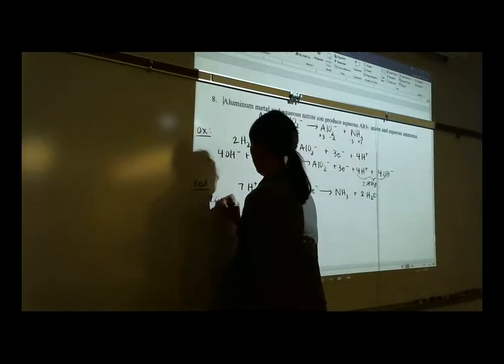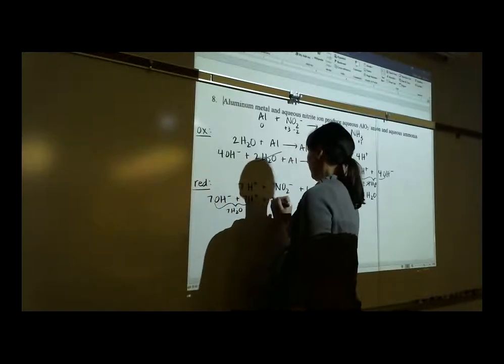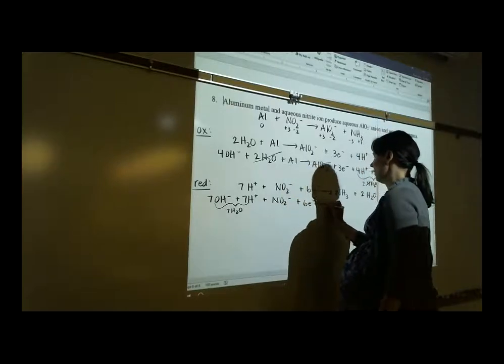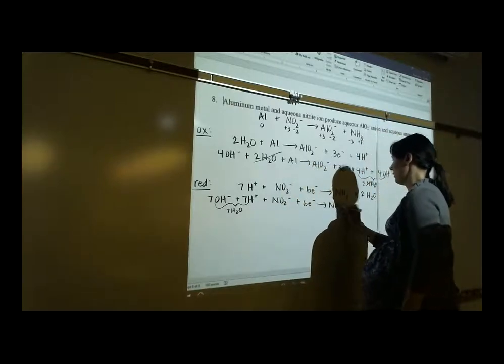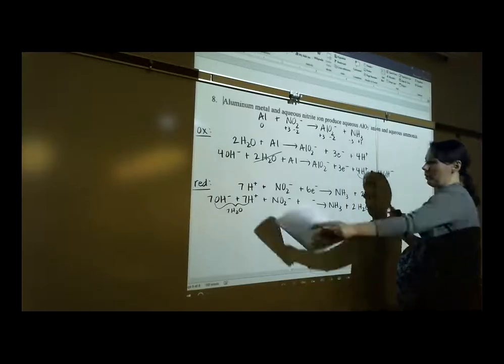So 7 OH minus plus 7 H plus, that means 7 water, plus NO2 minus plus 6 e minus yields NH3 plus 2 H2O. Don't forget to add it to both sides.